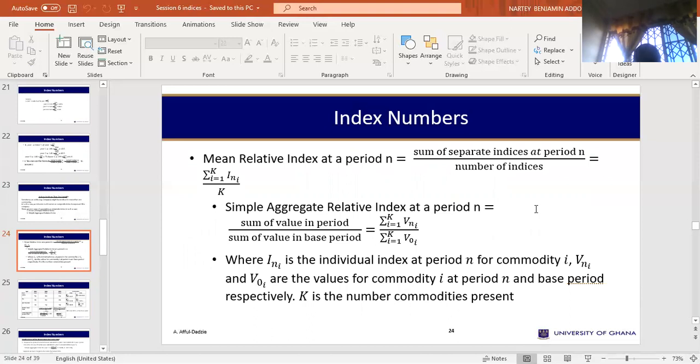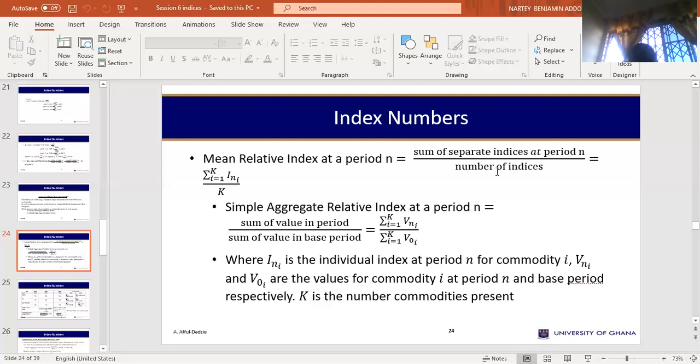The simple aggregate relative index at period n is the sum of values in period n over the sum of values in the base period. Here I_ni is the individual index at period n for commodity i.